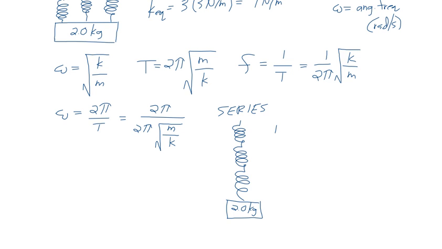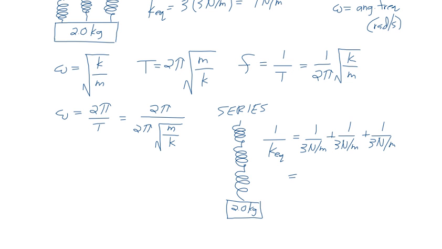I'm going to use the formula 1 over k equivalent is going to be 1 over k1 plus 1 over k2 plus 1 over k3. And each one of these is 3 newtons per meter. For some of you, it's just 1 because 3 over 3 is 1. So even if I flip it over, I get 1.